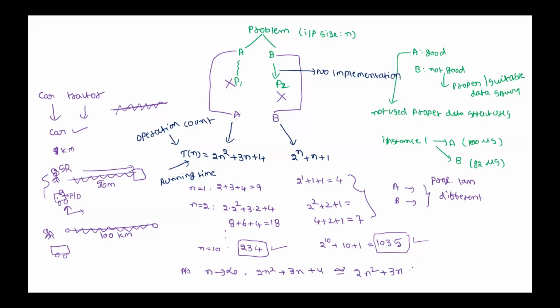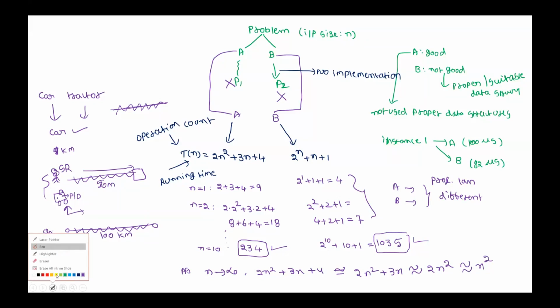If n is very large, this entire thing is approximately equal to 2n square. If n is lakhs of crores, then 2n square will dominate this term. So we can approximately write it as n square.